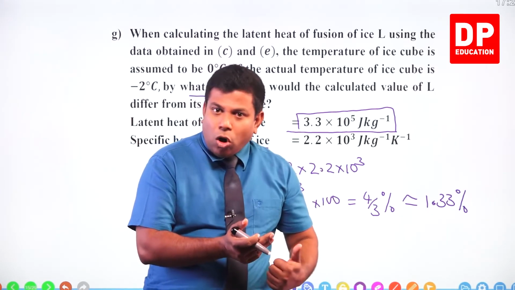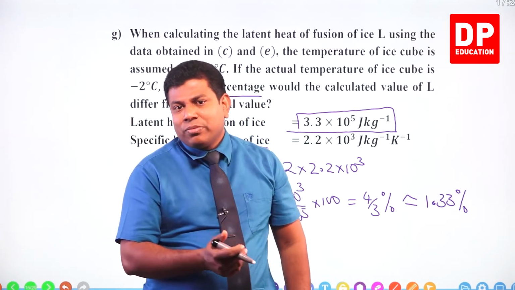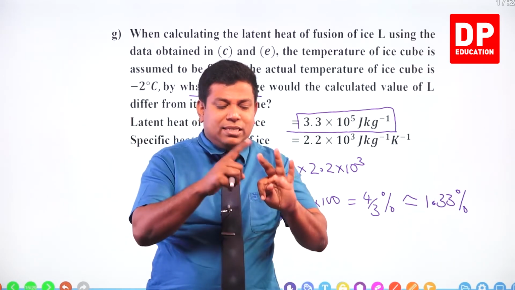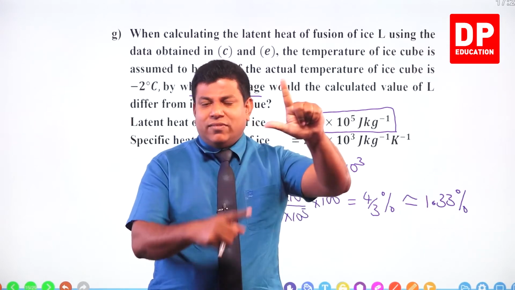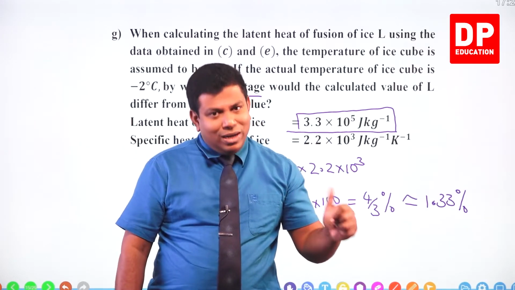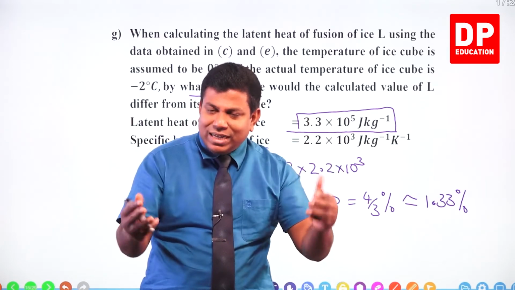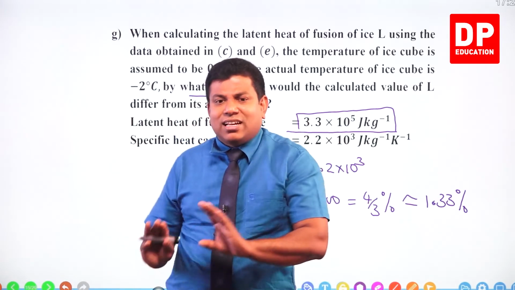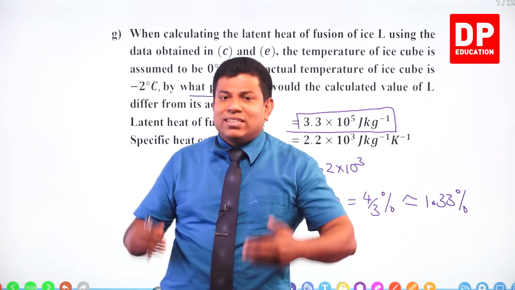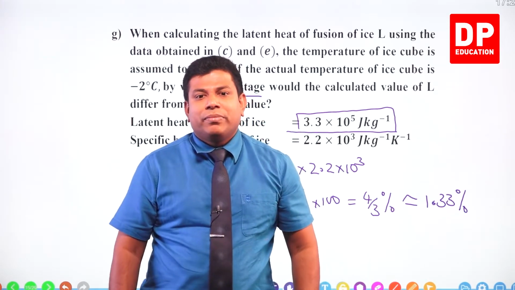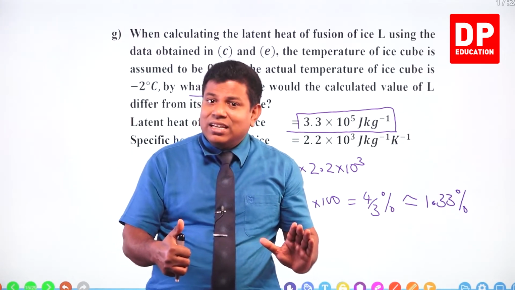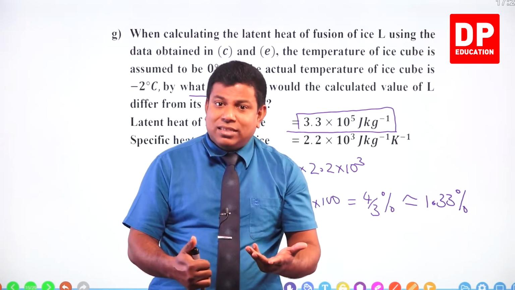You got this wrong, still you can get an A. Because this question had A, B, C, D, E, F, G, 7 parts. Only the last part was difficult. You get all other 6 right, because all other 6 were directly from what I have discussed in the class, directly from what I have discussed in the practical. So get those 6 right, and still you can get A marks.